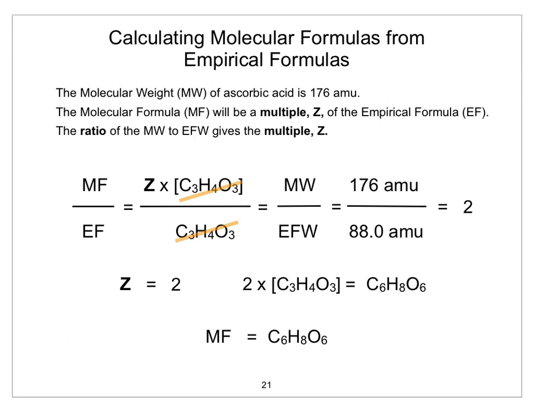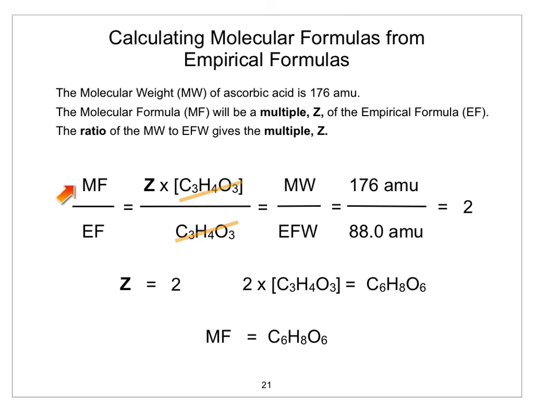This can be determined experimentally and is found to be 176 AMU for ascorbic acid. The molecular formula will be a multiple, Z, of the empirical formula. The ratio of the molecular weight to the empirical formula weight gives us the multiple Z.